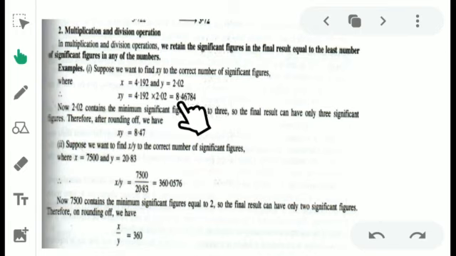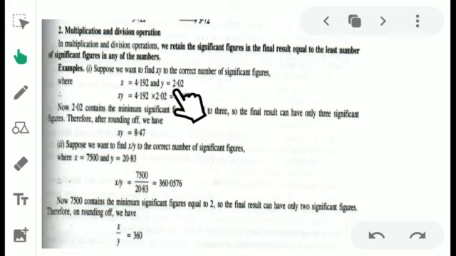But for the final answer after rounding off, we see which number has the least number of significant digits. Here 2.02 has 3 significant figures.